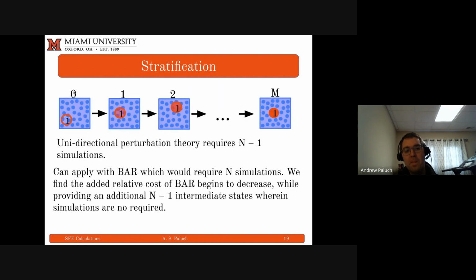So in MBAR, I won't just perform a perturbation from 0 to 1 and then 1 to 0. I'll perform perturbations between 0 and 1, 0 and 2, 0 and M, then 1 and 0, 1 and 2, 1 and M, and so on and so forth.